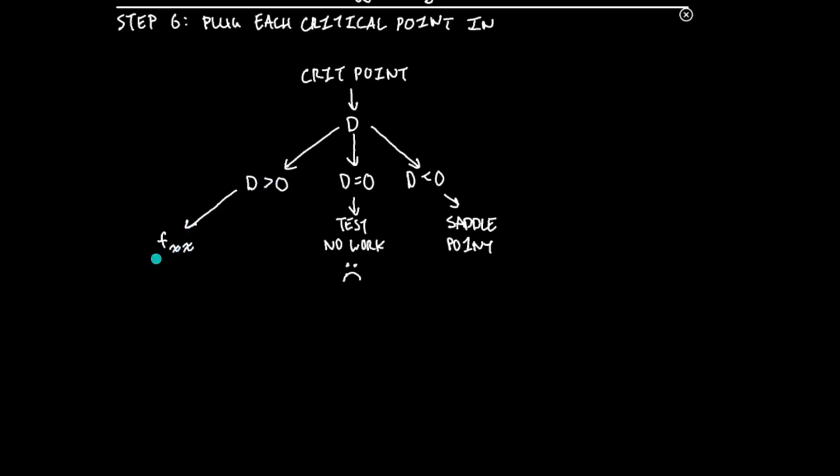But if this number comes out to be greater than 0, then it's a local minimum. And if this number is less than 0, then we come out as a local maximum.